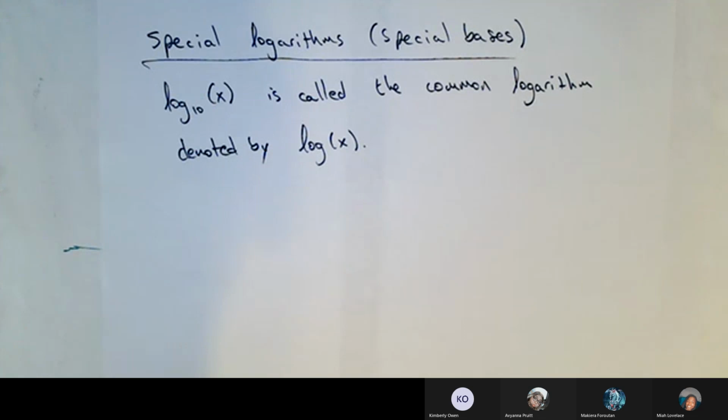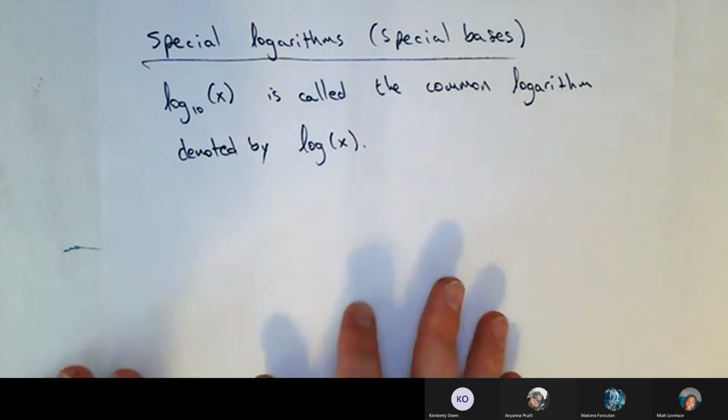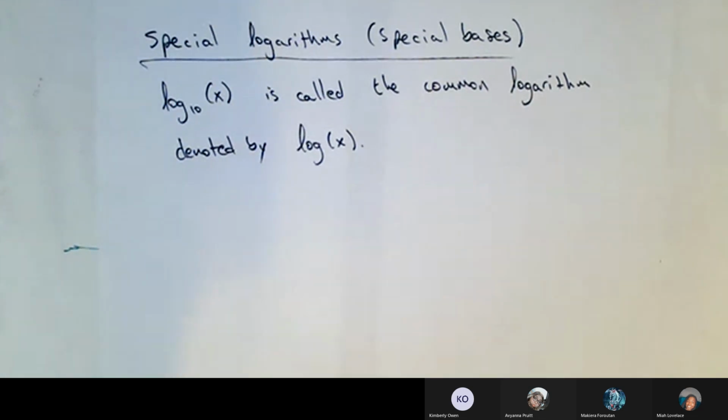It's not used that much anymore because we have computers to do big calculations, and computers don't use logs, at least I don't think so, for those kinds of calculations. So this common logarithm is not nearly as important as the next one, but it is still used frequently enough that it still gets its own name and its own little notation.